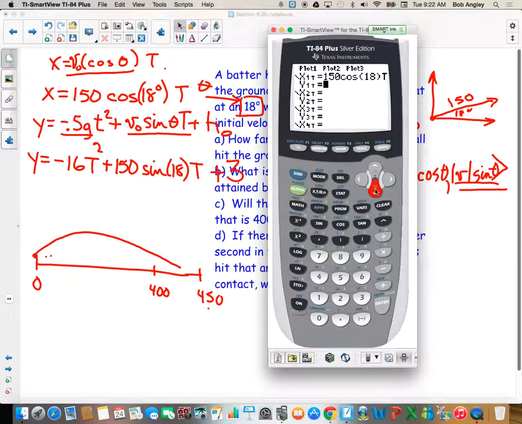All right, now I want negative 16 t squared, all right, plus, and now I need that 150 sine of 18, and the t is outside that parentheses, plus 3.